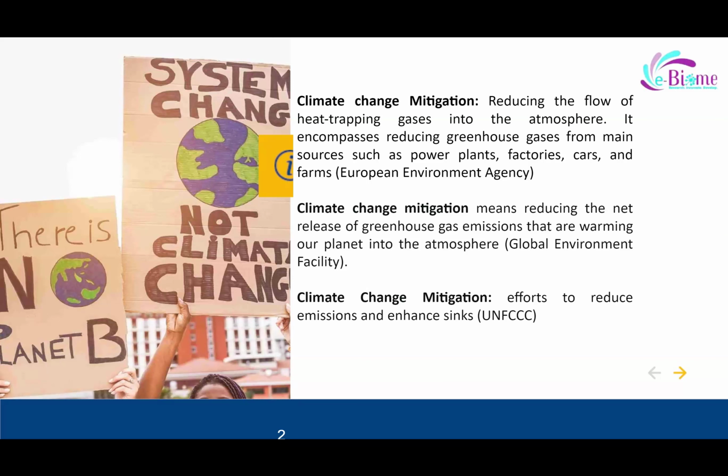So when we talk about climate change mitigation, we are looking at two things here. One, preventing the emission of greenhouse gases, and then two, increasing sinks. These things could be forests, plants, and oceans, and there are more technologies that are being developed. I'll speak about that as we progress through this presentation.